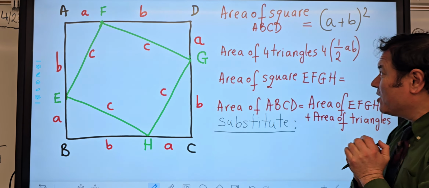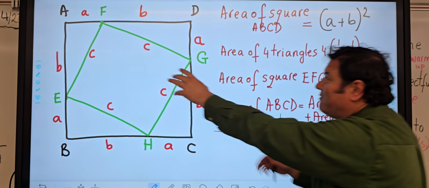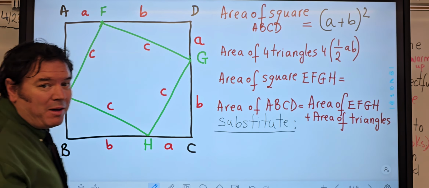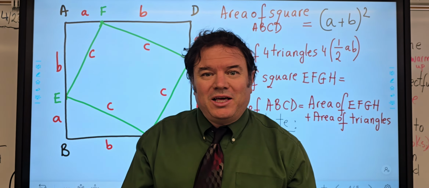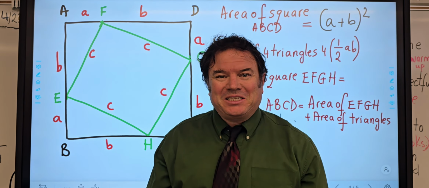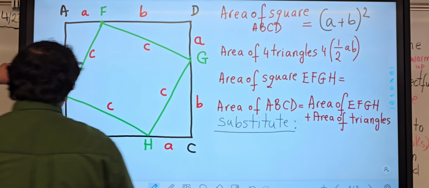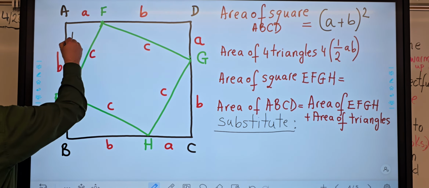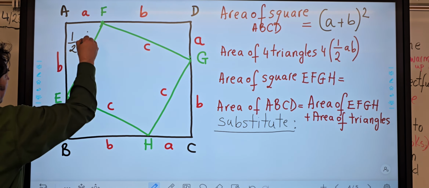Now we are going to find the area of these little 4 triangles. Remember, the area of a triangle is 1/2 base times height. In this case, the base is A and the height is B, so it's 1/2 times AB.